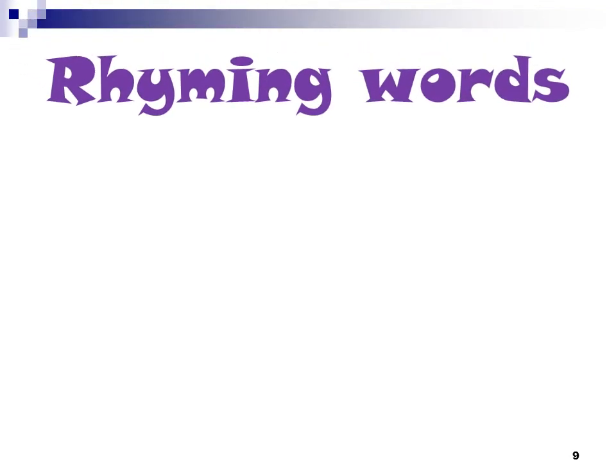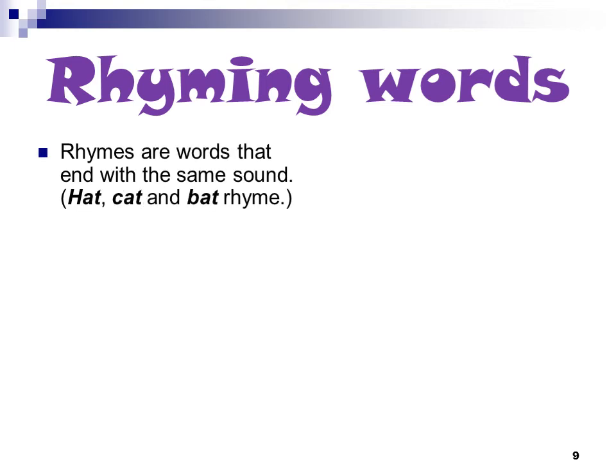The last literary technique that we are going to discuss today is rhyming words. So we'll see what we mean by rhyming words. Rhymes are words that end with the same sound. For example, hat, cat, and bat. It rhymes.